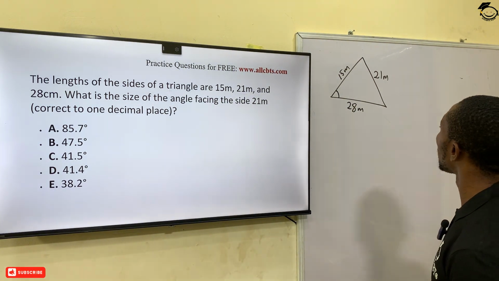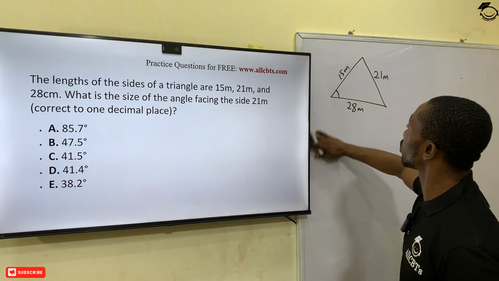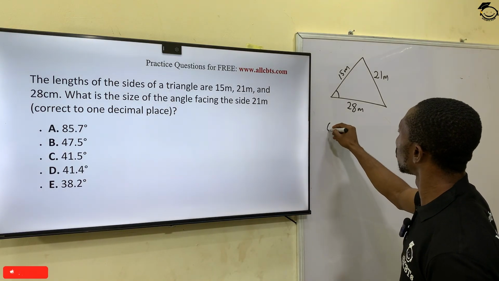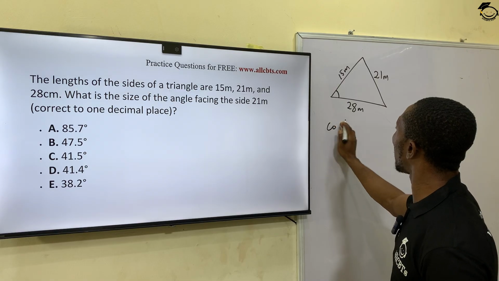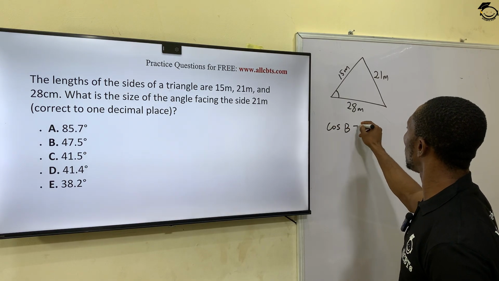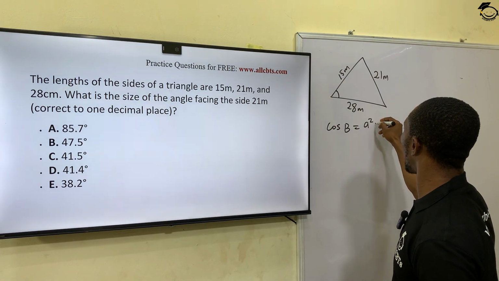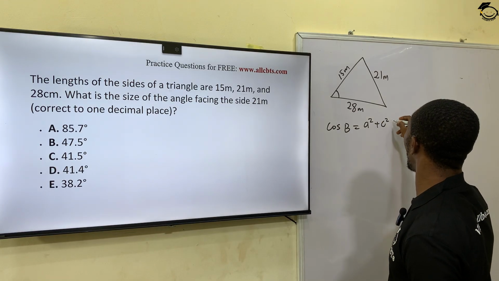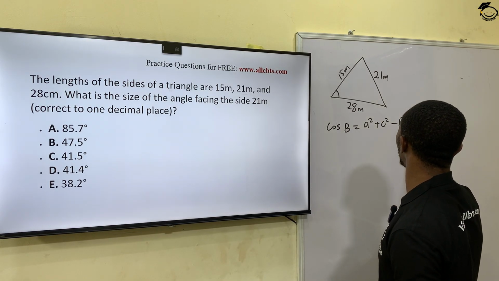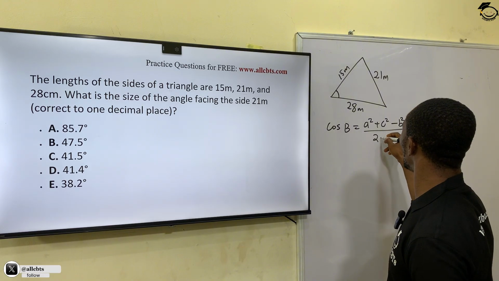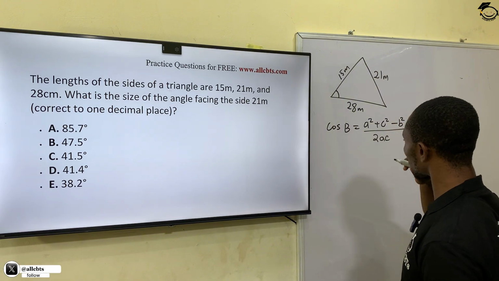From here, we are going to use our cosine law, which says cos B equals A squared plus C squared minus B squared all over 2AC.